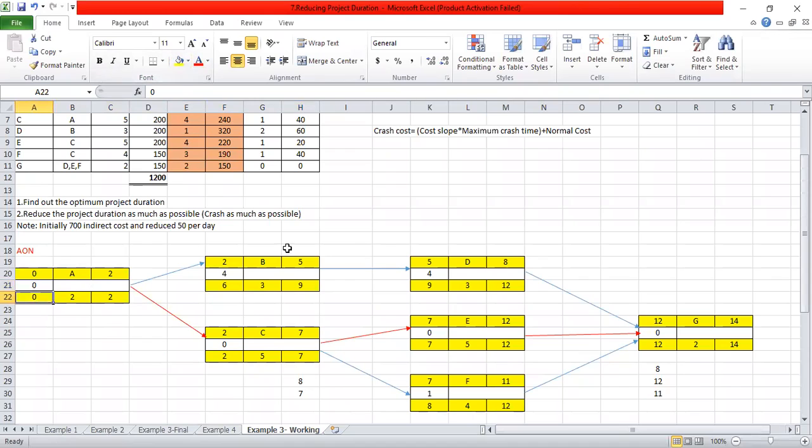So now we are going to calculate the slack. You have to take the difference between these two, or the difference between these two. So I will take the difference on the left hand side. So slack is 0 here. From 6 you are deducting 2, means slack is 4.